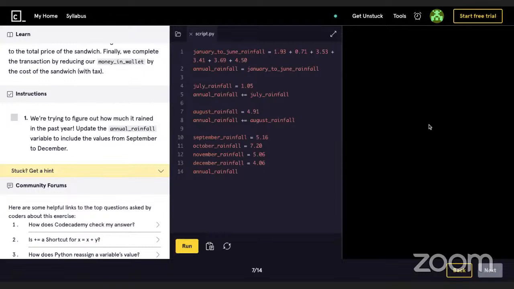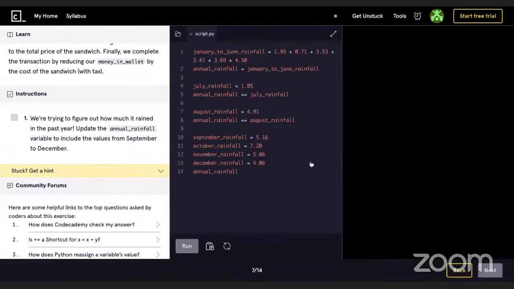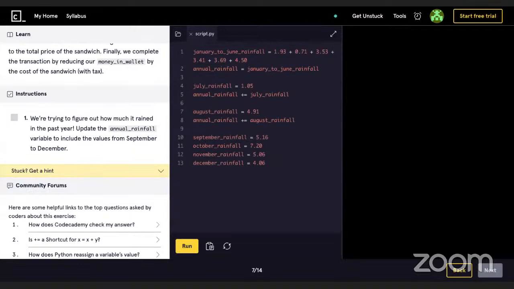The thing going like the circle. Yeah, reset it. Oh, it keeps doing that. So make line 14. Before you do that, you know where it says annual October rainfall? Make a space there.